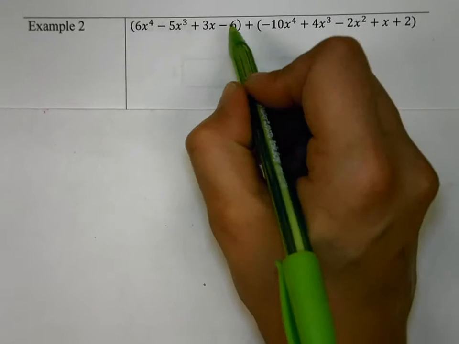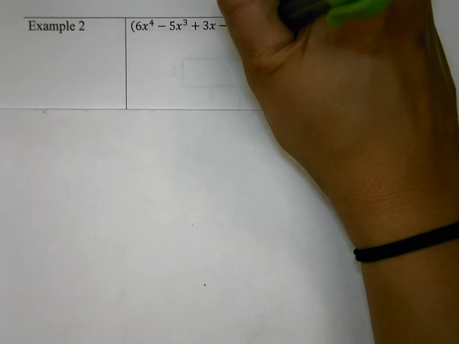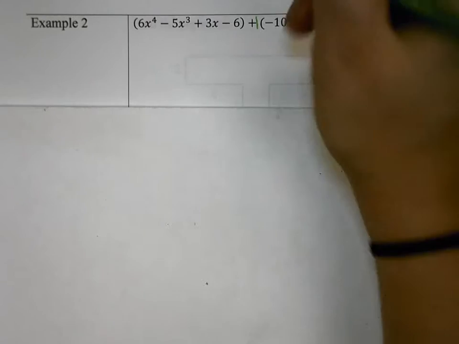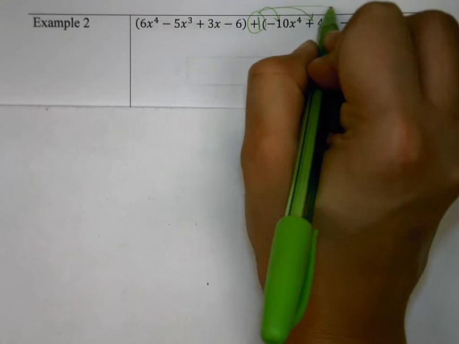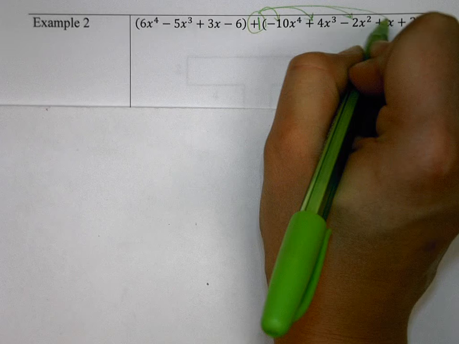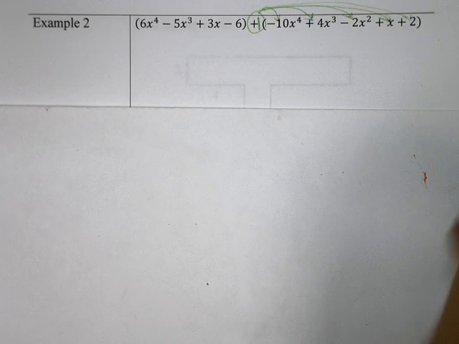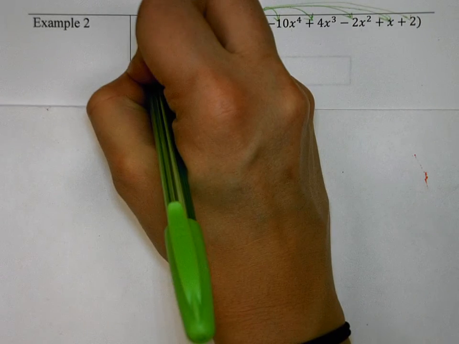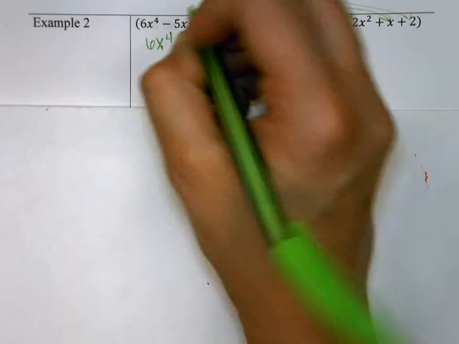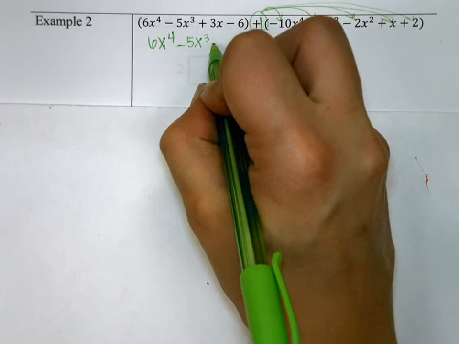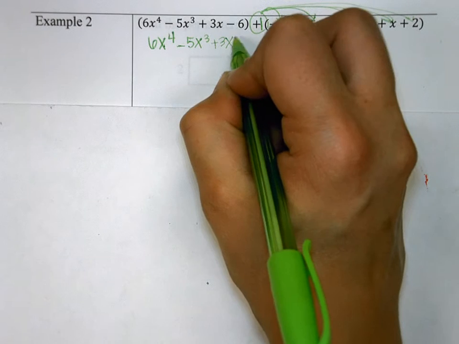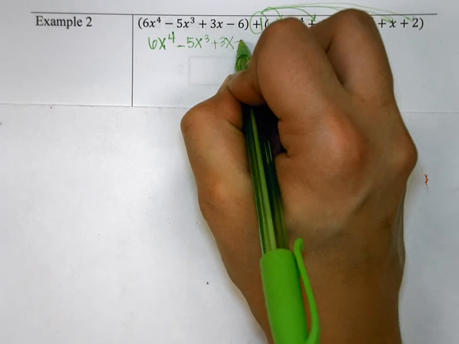So when we have a plus in front of the parentheses, there's actually an invisible 1 there. So we're going to distribute that positive 1 to everything inside the parentheses. And that's going to give me 6x to the 4th minus 5x to the 3rd plus 3x minus 6.